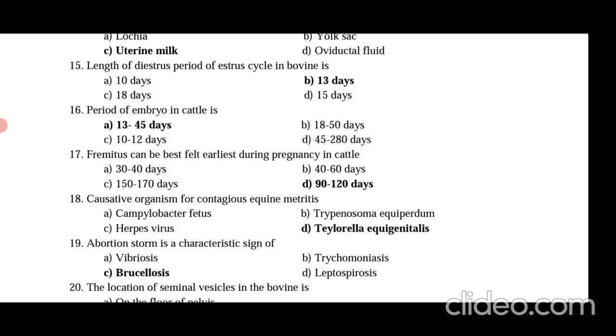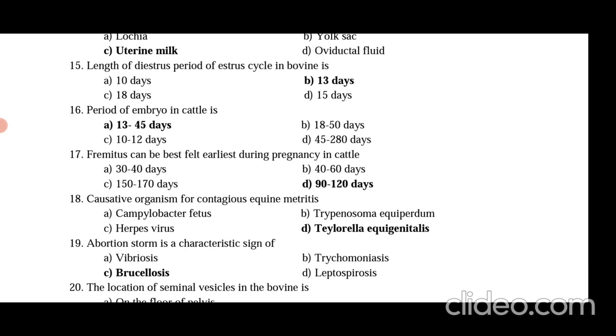Fremitus is the palpation of the blood vessel supplied to the fetus, and the blood circulating through that vessel is easily detected, which is a way of detecting pregnancy. This fremitus is optimally detected at the 3rd to 4th month, or 90 to 120 days.